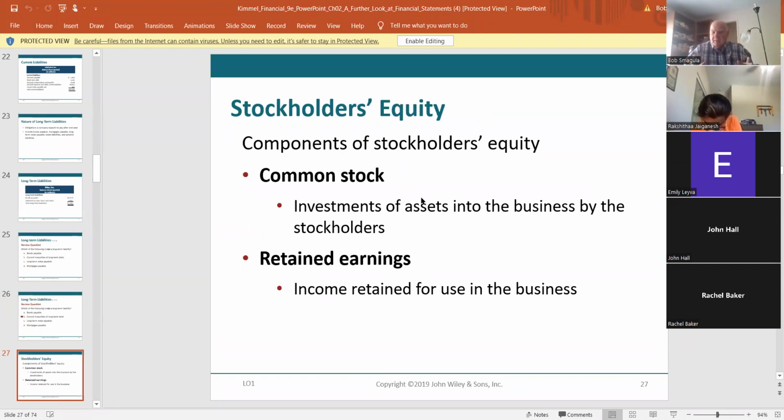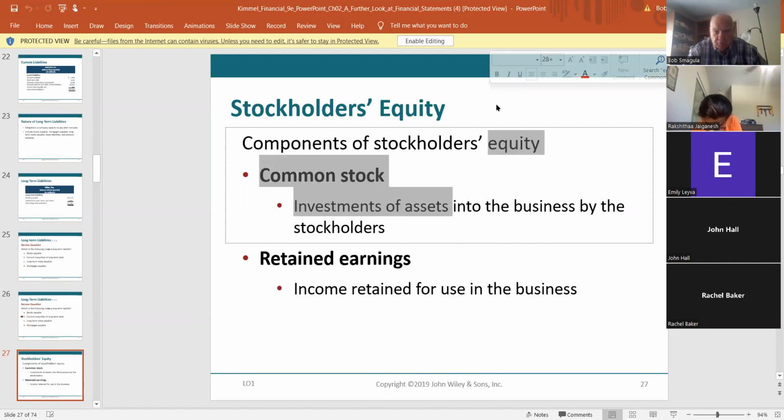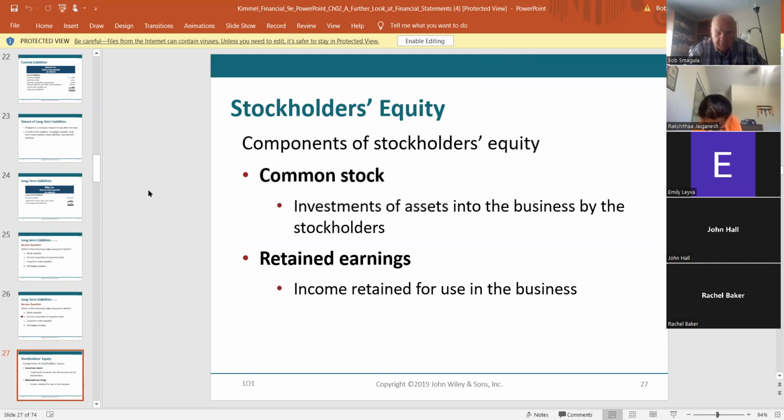Stockholders' equity. Remember, we're talking about two components. When we get to chapters ahead, there'll be other components. Common stock, retained earnings. This person started a business by issuing stock to the public, as opposed to in accounting 110, where businesses were started by people putting their own cash into the business.